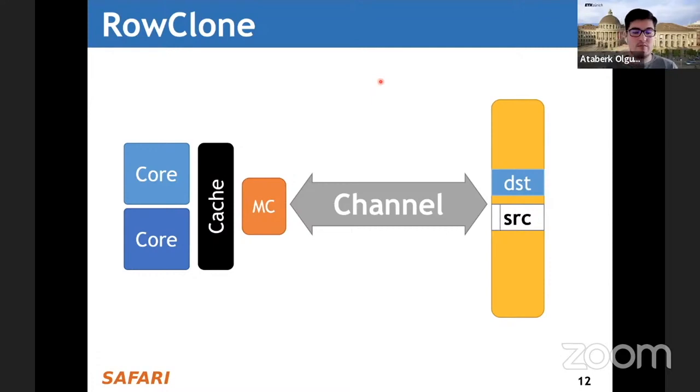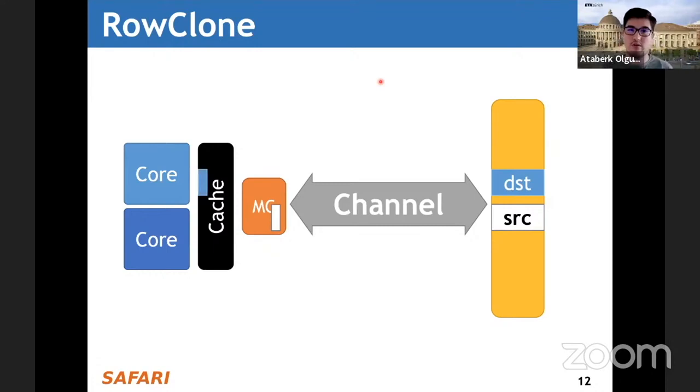So normally, when we want to copy data from the source page or source block in memory to the destination block, we will bring data from the source block in cache block granularity first to the memory controller, and then to the caches, and then to the core. And once we have it in the core, we will create essentially a copy of it.